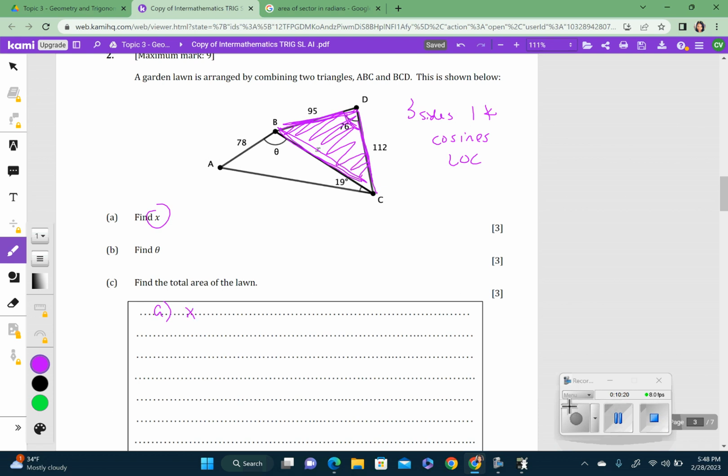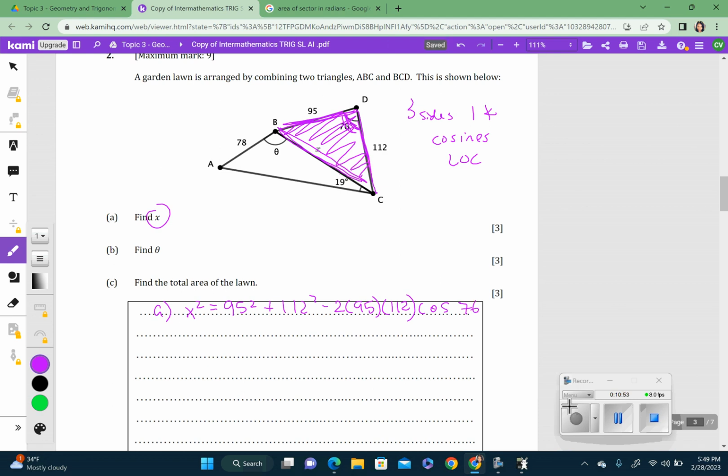So I'm going to have x squared is equal to the law of cosines. If you forgot what that is, go ahead and look at the formula booklet. But x squared is equal to the two other sides squared. So it's going to be 95 squared plus 112 squared minus 2 times 95 times 112, and it's going to be cosine of the angle that's in between these two, which is 76, cosine 76.